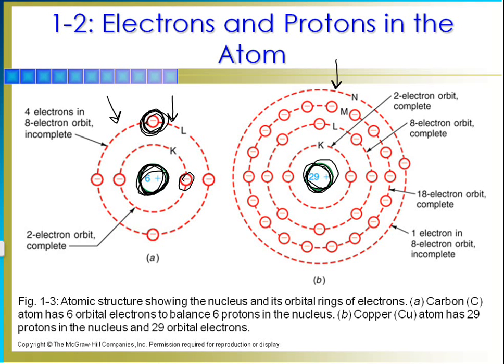The combination of protons and electrons and the arrangement of the electrons, what ring they're circling the nucleus in, makes this a copper atom. Start shuffling these electrons around, it becomes something different.